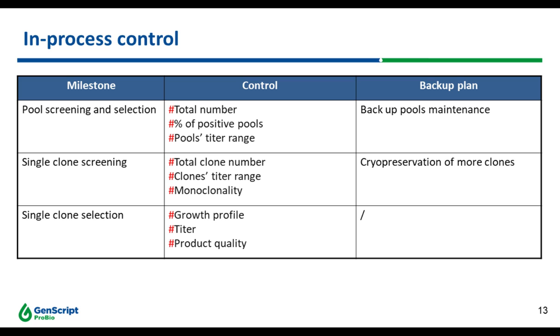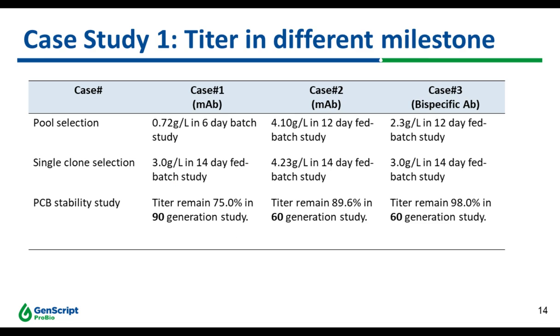So you do this using Ambr bioreactors and get the product to analyze these 3 criteria. Okay. So in the first case study, you can see the different titers at different milestones.